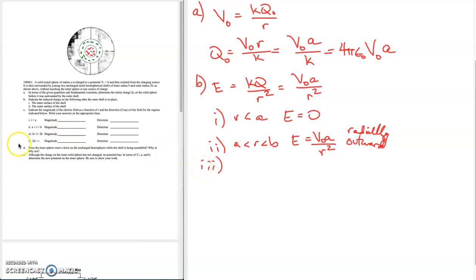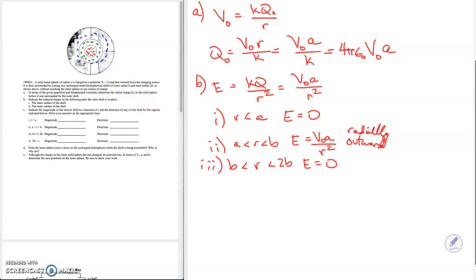All right, 3. Now let's change colors again. We'll do blue. Inside that conductor, inside all conductors, the electric field is going to be 0. This is always going to be the case for electrostatics.